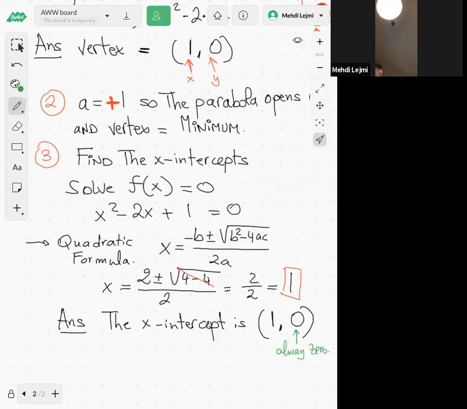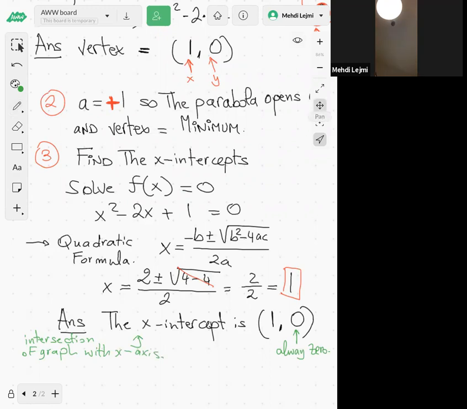Again, guys, x-intercept, that's the intersection of the graph with the x-axis. Okay, that's what I mean by the x-intercept. Okay, we are almost done.